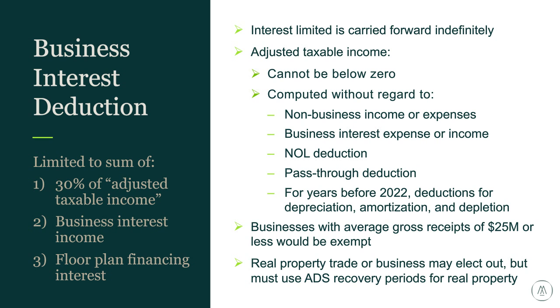So a takeaway here is that before 2022, it's an EBITDA type analysis, and then you take 30% of that adjusted taxable income. But after 2022, it gets more stringent, and it's an EBIT calculation, so it's earnings before interest and taxes, and you don't get to add back your depreciation and amortization.